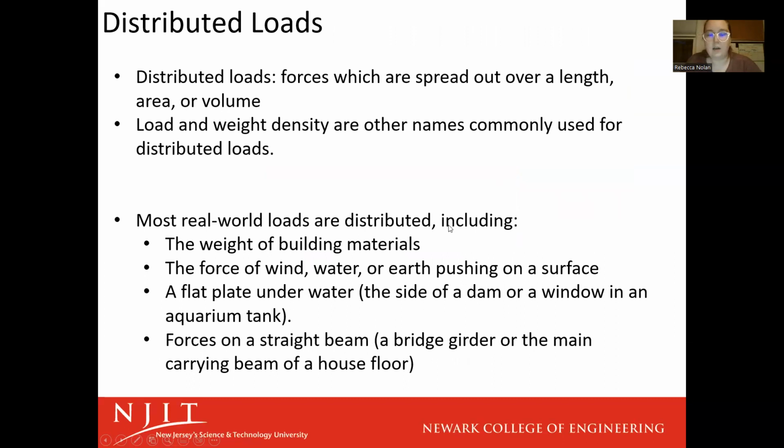Some terminology: distributed loads are forces that are spread over a length, area, or volume. We're going to use the term length only really when we're looking at 2D pictures. Load and weight density are other names that you might hear. Distributed forces, I think, is in the textbook a little bit.